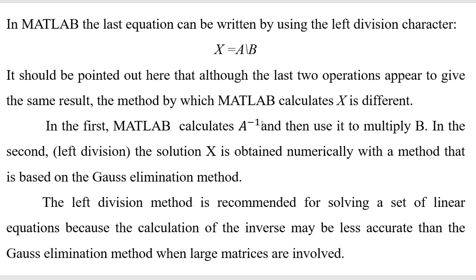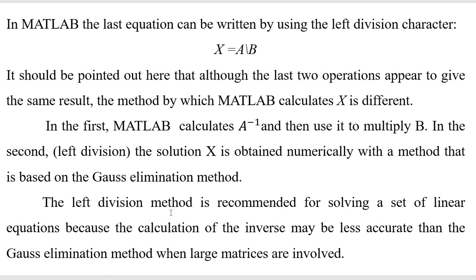We already saw the order of precedence in the last unit. What is the order of precedence? The bracket, curly bracket, and square bracket, division, right division, left division, multiplication. After that, addition and subtraction. By the order of precedence, we calculate A inverse first and multiply it to B. The second is that the solution X is obtained numerically with a method based on the Gauss elimination method.